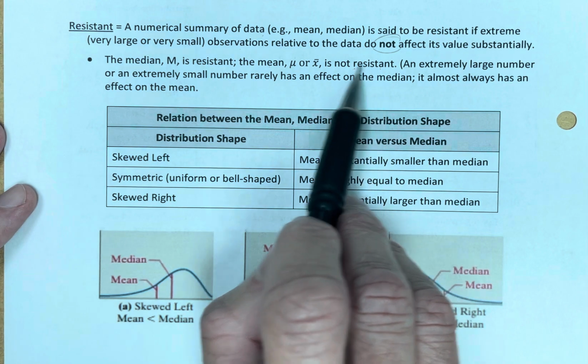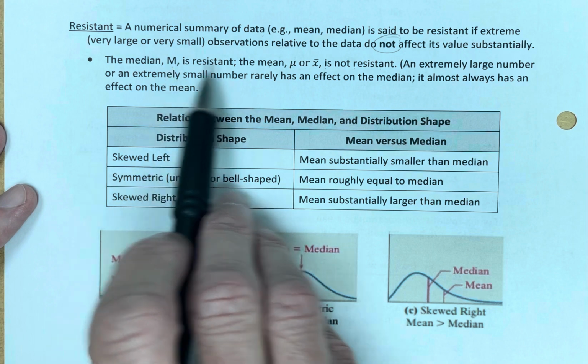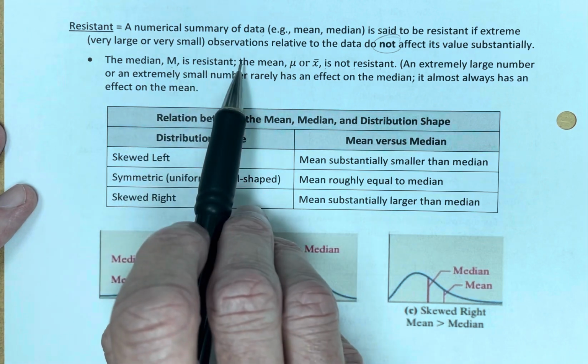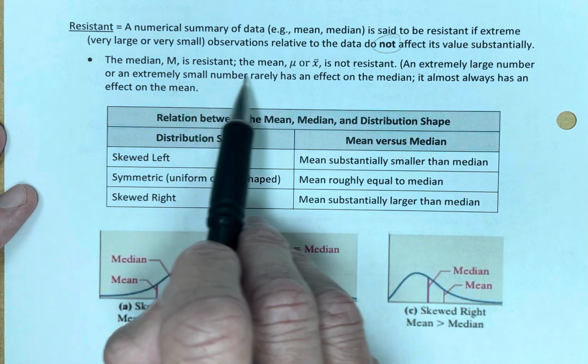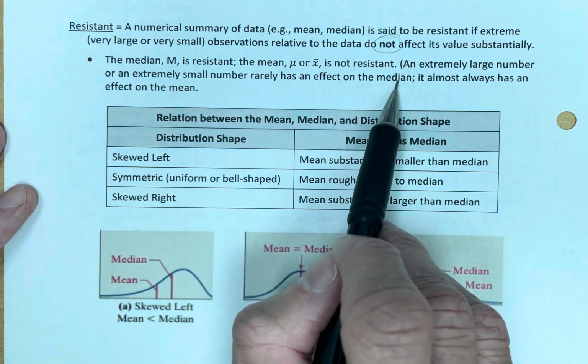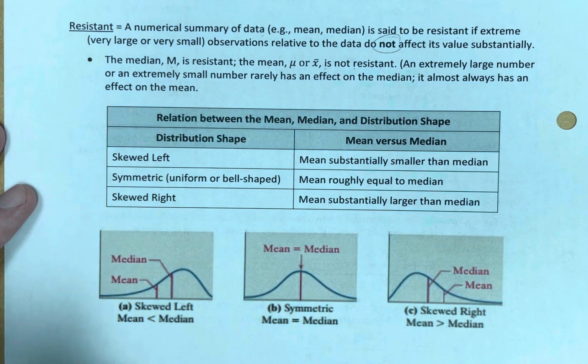That's going to have an effect on your average. It's not going to have an effect on your middle, because your middle is still going to stay in that 70 area. So an extremely large or extremely small number rarely has an effect on the median. It almost always has an effect on the mean.